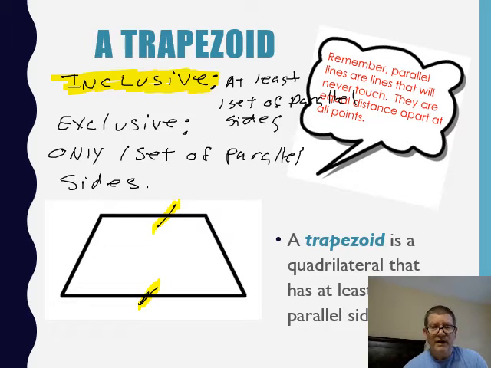Now, in the exclusive, this one here would be one of the only two figures that would be classified as a trapezoid. This one here is actually known as an isosceles trapezoid. And what that means is that if I put a mirror here, I would have the exact same thing on both sides. So it has symmetry, okay? But only one line of symmetry, and that'd be right in the center. Now let's take a look at a different trapezoid.